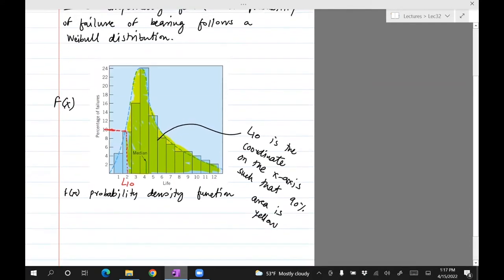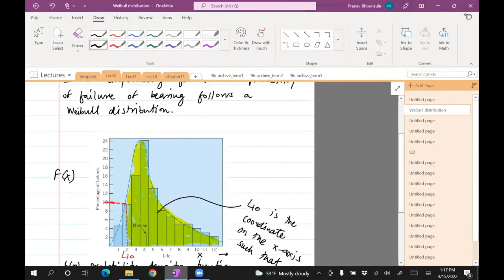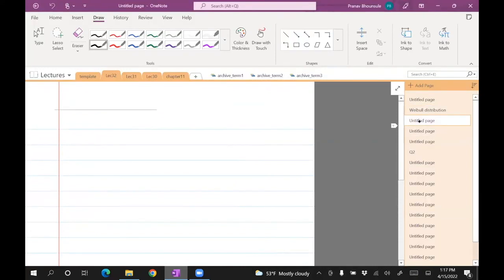Okay, so why do we need this? Well, I'll come to that in just a bit, but let me just write a formula which relates the reliability, in this case, the area under the curve, with the life, or in this case, I'll parameterize the x-axis with the variable x.